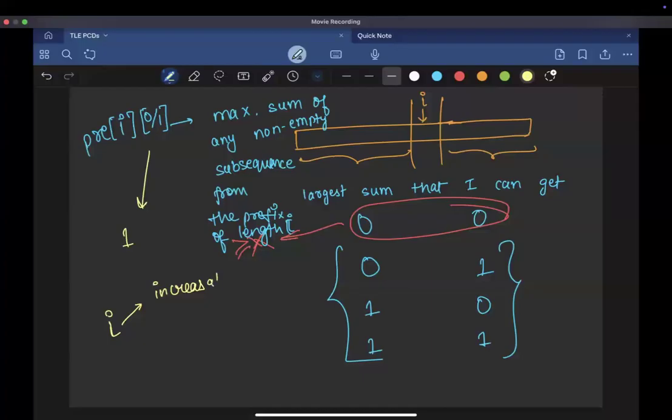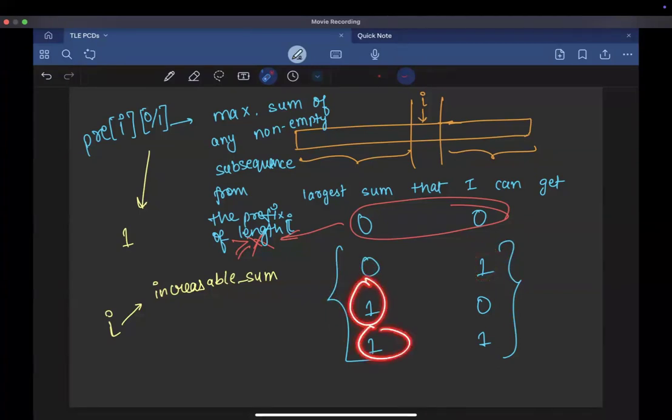Basically, the largest sum of any subarray which does not have this index i, such that there is at least one guy in the subarray such that bi is equal to 1 for it. So there are three possible cases. Either you pick up the guy which is having bi equal to 1 on the right hand side, or on the left hand side, or on both sides.